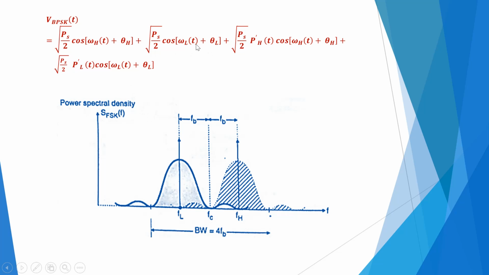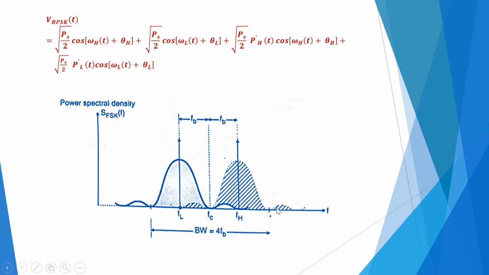The second term will produce a PSD which consists of an impulse at FL over here. And the third and fourth terms together will produce the frequency spectrum of FSK.